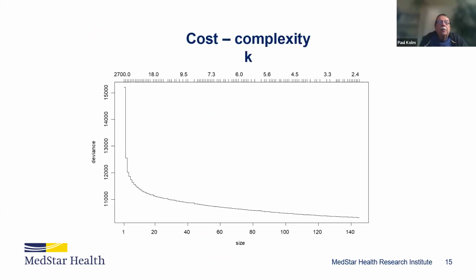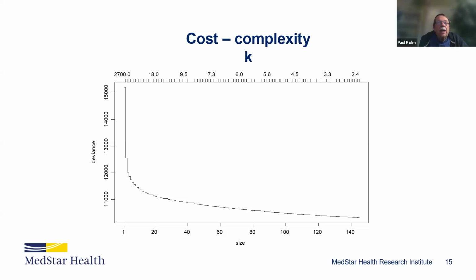And so we then also get a graph of the cost complexity. What this does is it plots the deviance against the tree size, how many terminal nodes we want. And then at the top there is our cost complexity variable K, which we can increase or decrease, and we'll come up with our optimal tree.